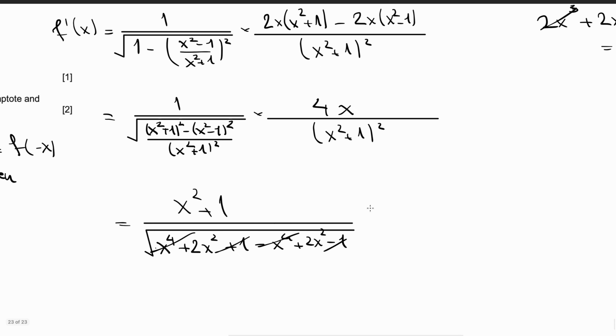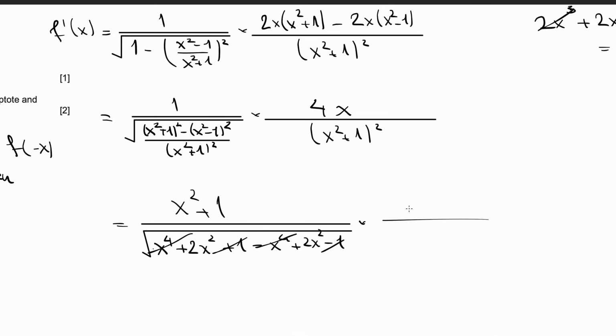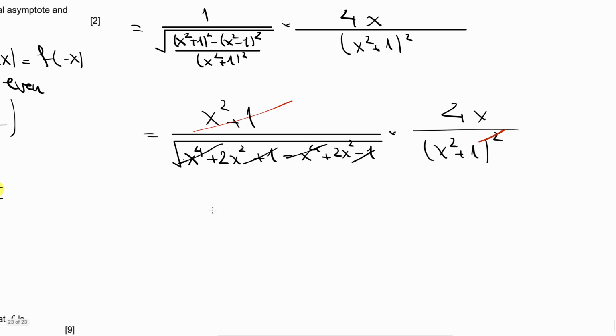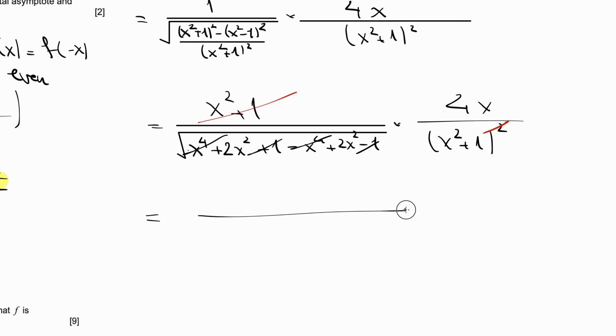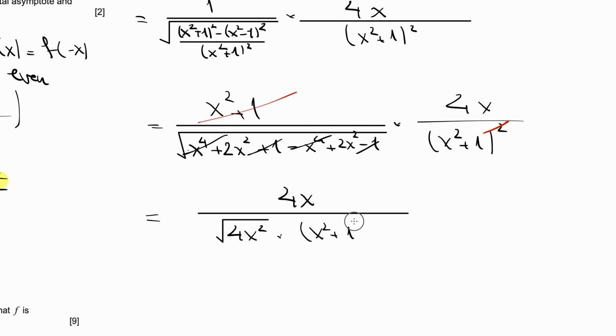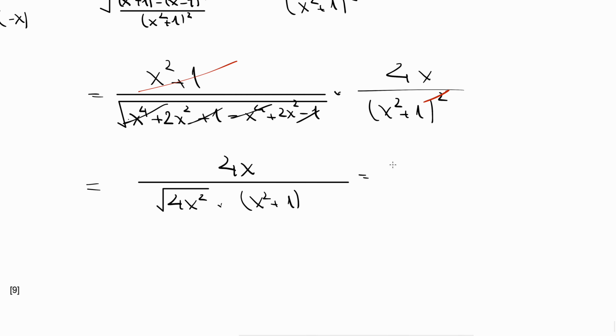You'll be left with 4x squared in the denominator, and over here you just have your x squared plus 1 squared. So now you can cross multiply and you'll get rid of your x squared plus 1 in the numerator, and you'll only have a 4x in the numerator, and radical 4x squared times x squared plus 1 in the denominator. So you can simplify this.